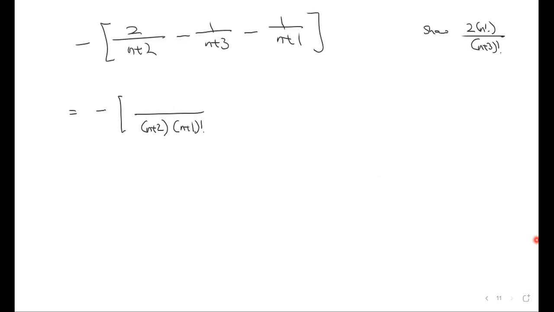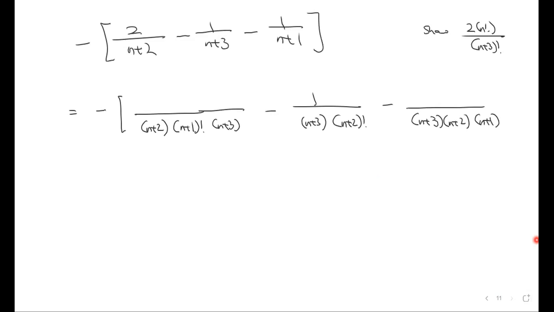That, and then times n plus 3. This is going to be n plus 3. You'll need to multiply by n plus 2 factorial. And then your n plus 1 would need to multiply by n plus 3, n plus 2. Your n plus 1 stays. And then you have n factorial afterwards.